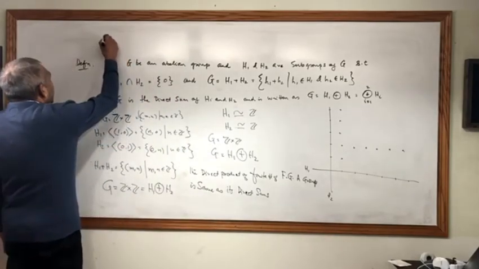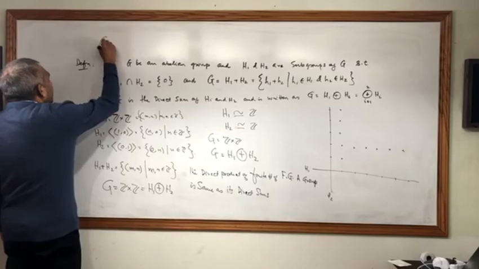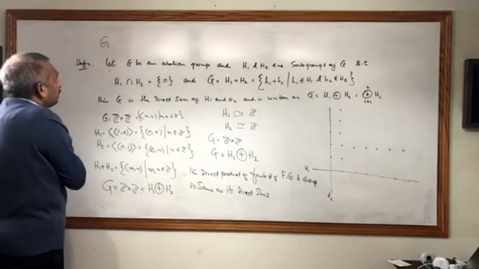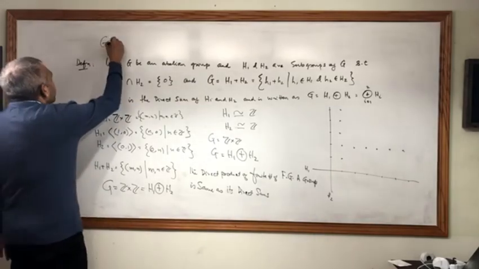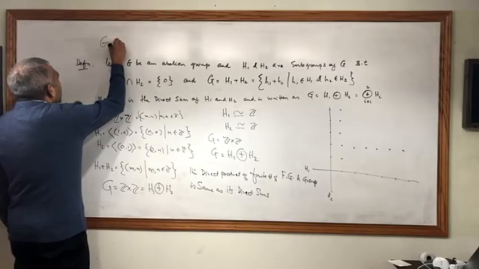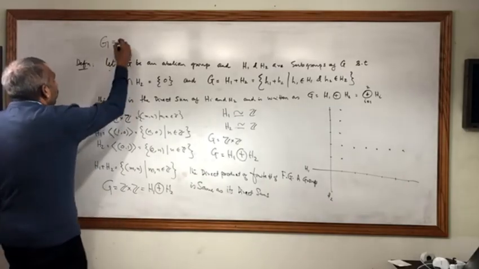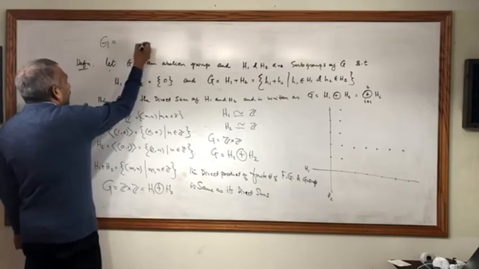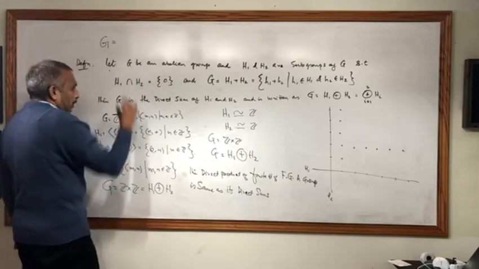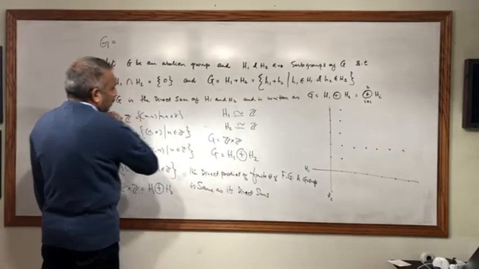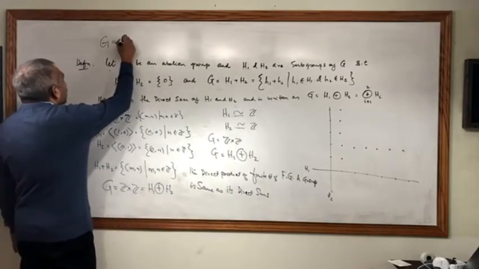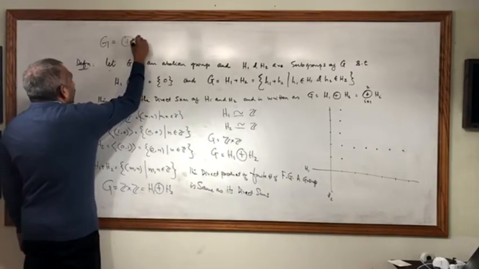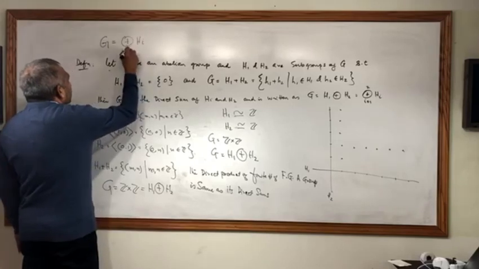And one more thing I want to see here is, let us say G is a finitely generated free Abelian group and it is expressed as a direct sum of a finite number of subgroups, Hi, i is equal to 1 to n.